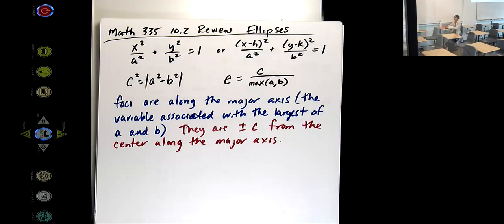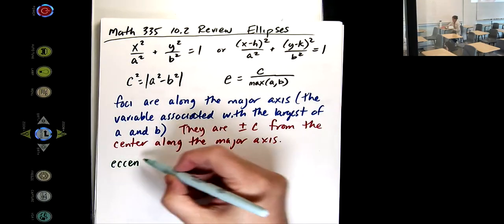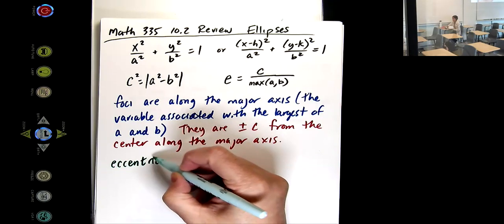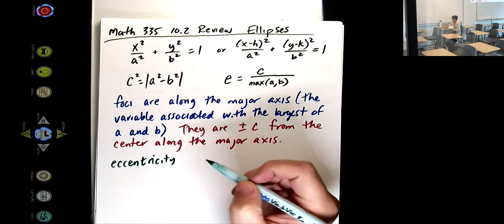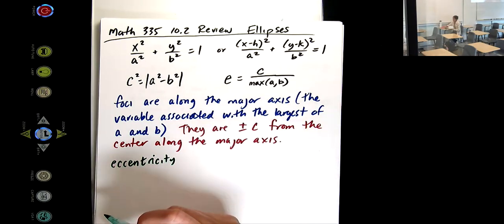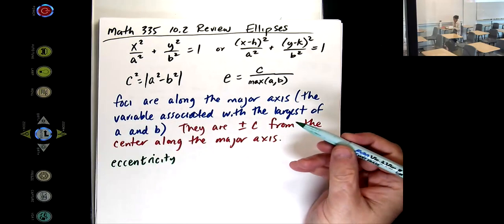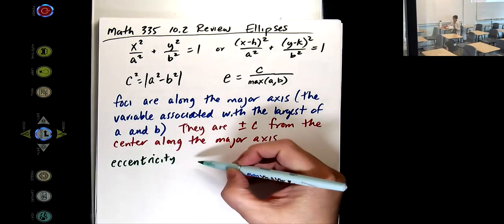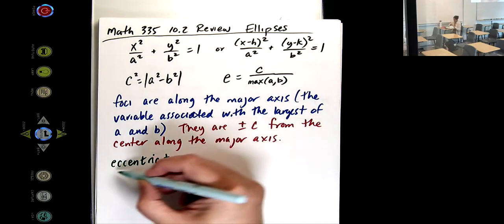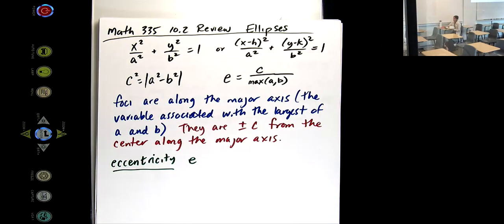As a reminder, E is for eccentricity. And for ellipses, well, you'll see this covers both ellipses and hyperbolas.